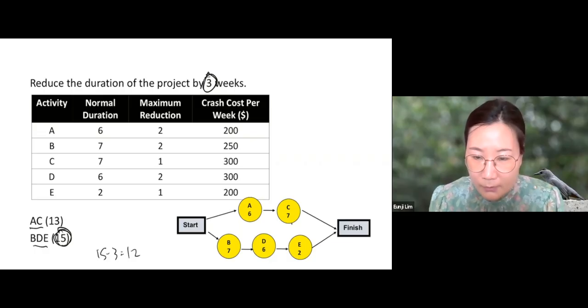Now, what should we do? Let's do this one by one. Let's say we want to reduce the duration of the project by 1 week. Then, which activity would you crash? Please pause this video, take a few minutes, and come back with your answer.